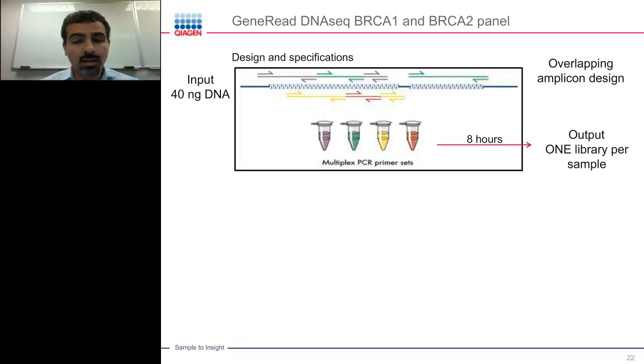It utilizes an overlapping amplicon design, so all the amplicons that we design are overlapping to maximize the coverage for all the different exonic regions in BRCA1, BRCA2. In 8 hours, you can construct your libraries, and the other feature of this panel is that it yields 1 library per sample.